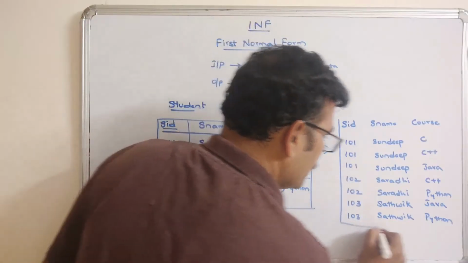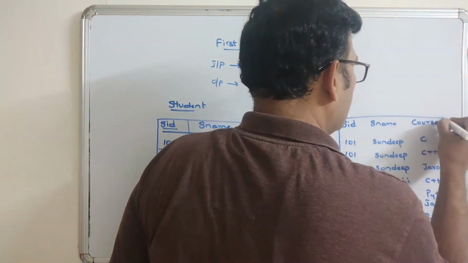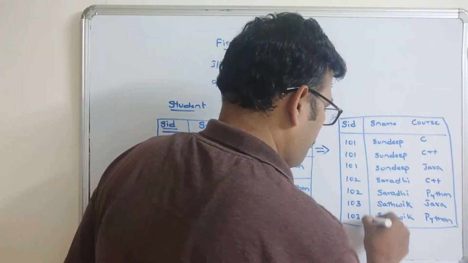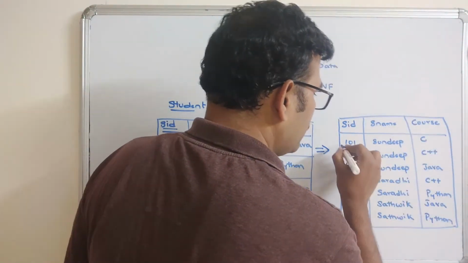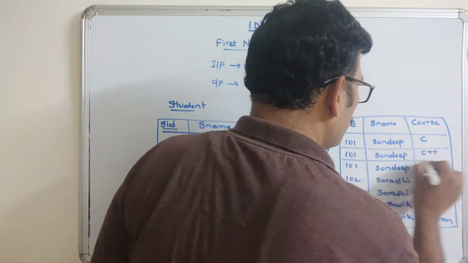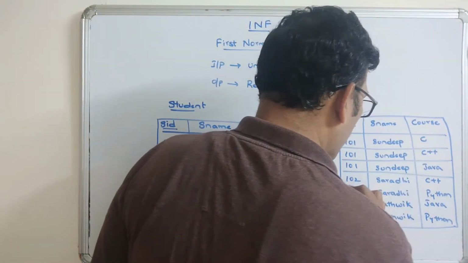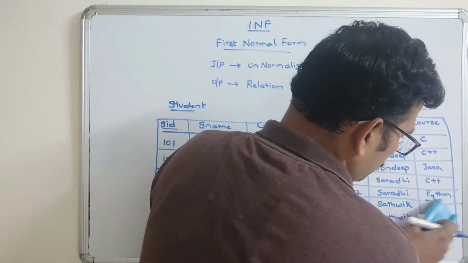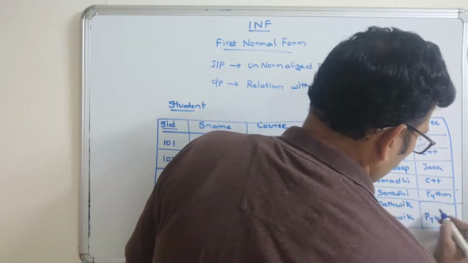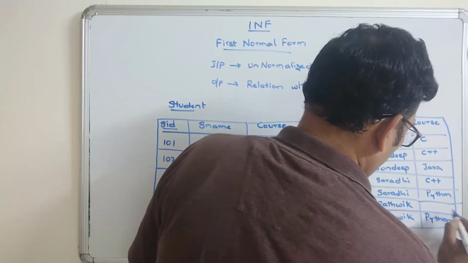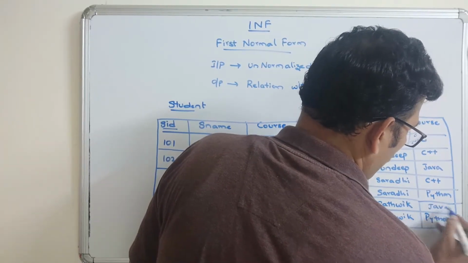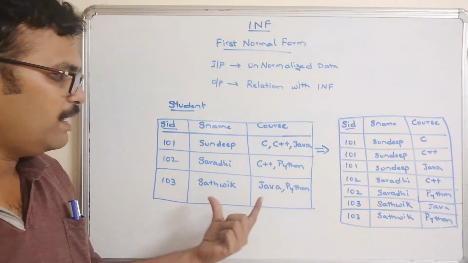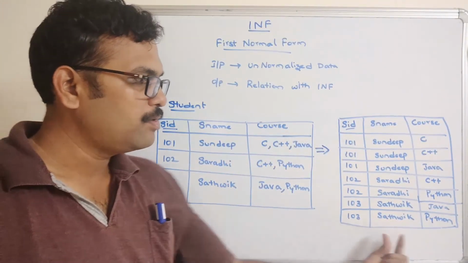So you can observe this is the table which satisfies all the points which we have discussed for 1NF. Now you can see we have converted this type of relation to this relation.